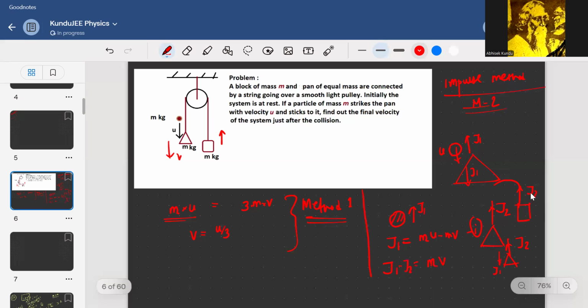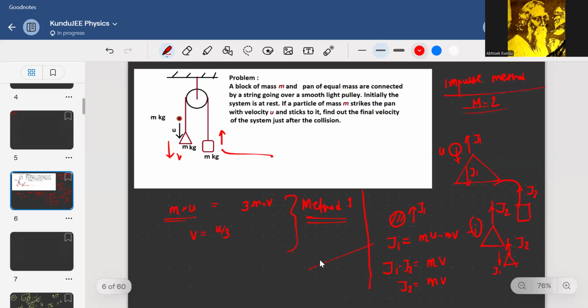And secondly, J2 impulse is acting on the block on the other side. J2 is changing the momentum of the block, that is m into v. Three equations we can write, and if we solve these three equations, we'll find the velocity.